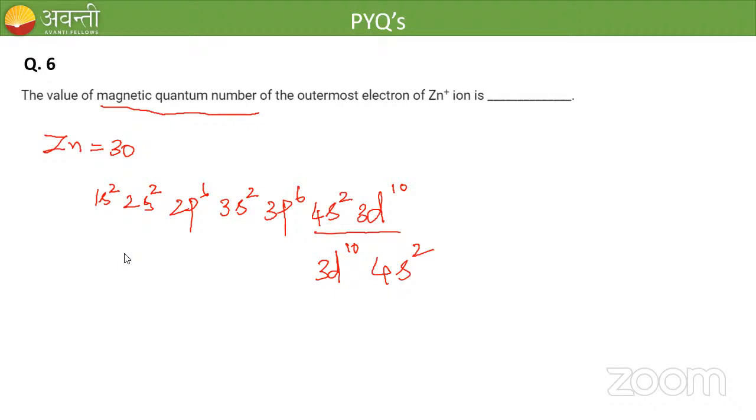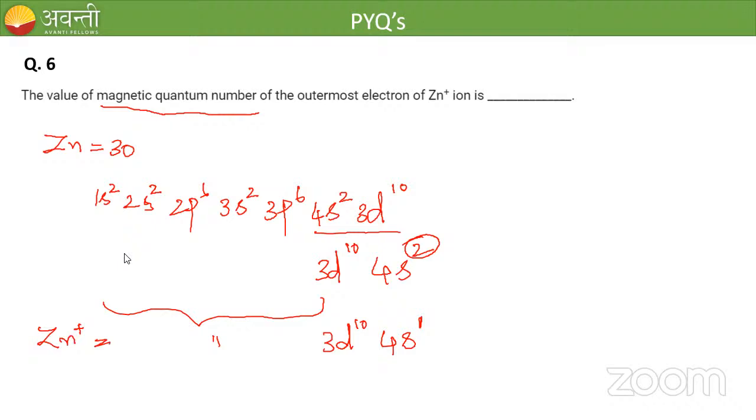For the outermost electron of zinc plus ion, we have to remove one electron. If I remove this one electron, then at last I will have 3d10 and 4s1. This is the configuration for zinc plus.